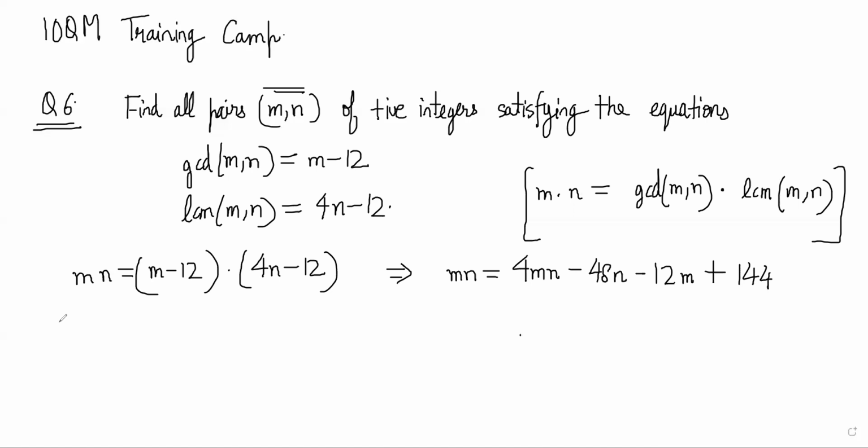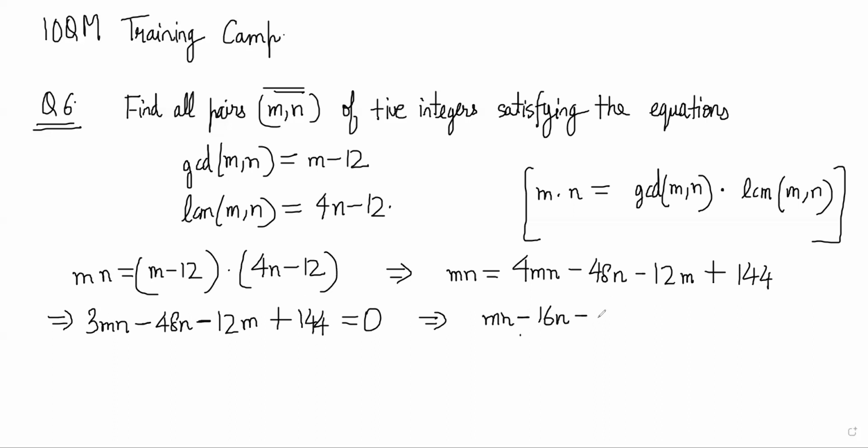So taking all the terms on one side, you will get 3mn minus 48n minus 12m plus 144 is equal to 0. We can divide by 3 here, and you get mn minus 16n minus 4m plus 48 is equal to 0.